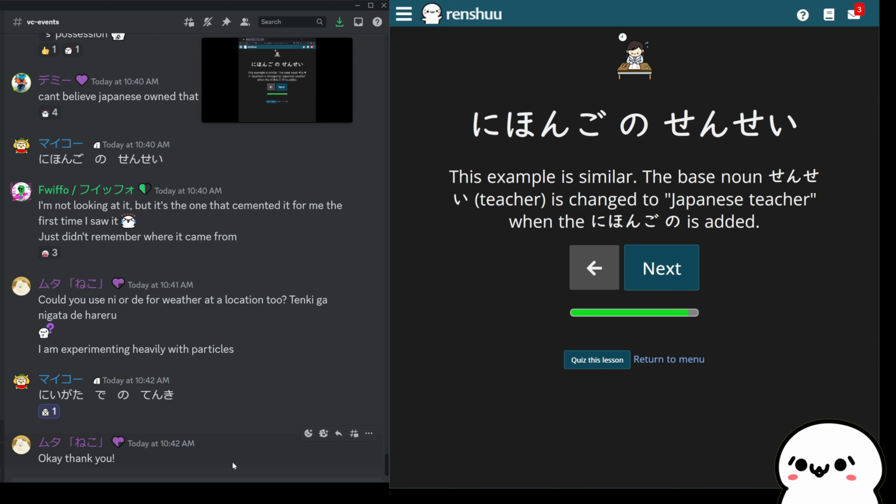Now, rain exists, right? And clouds exist and snow exists, but weather doesn't exist, so to speak, in the sense that we could use it with the ni particle. The de particle is used to describe the location of an action taking place. I play soccer at school, or I study in the library.